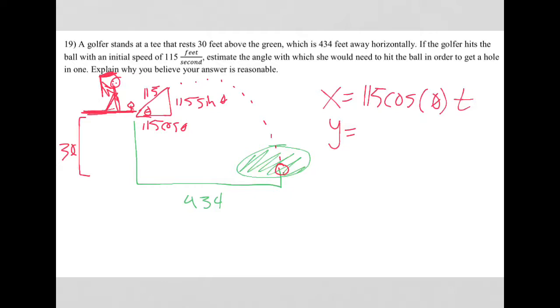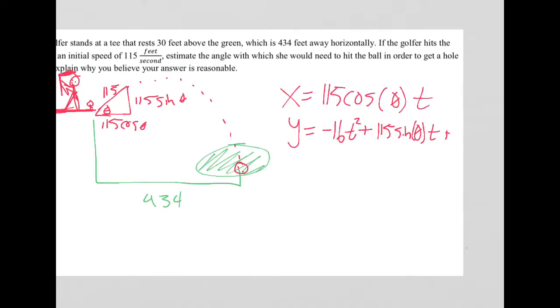Since we're talking about feet, it's still going to be negative 16 t squared, plus our vertical initial velocity, 115 times the sine of theta, times our time, plus our initial height, which is 30. So we have our two equations here. What angle should we try to see if we can get there?